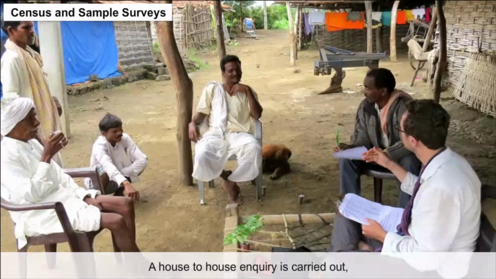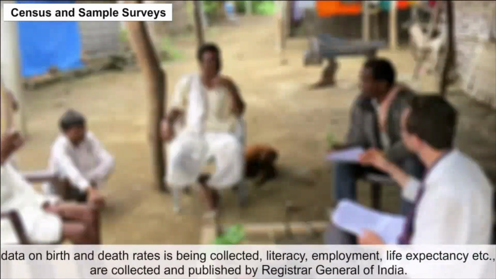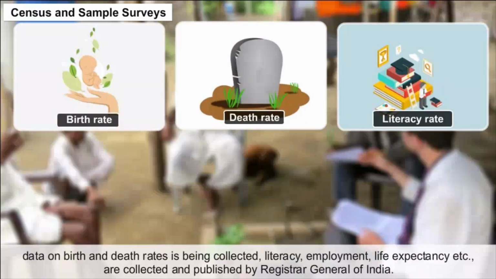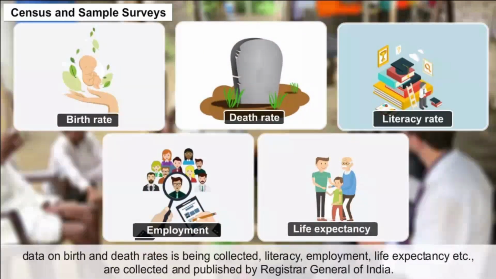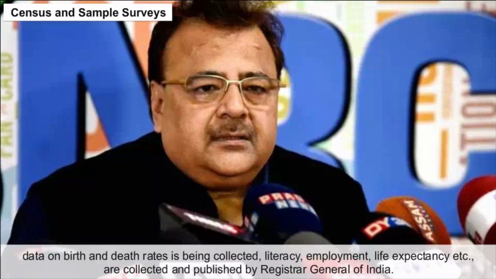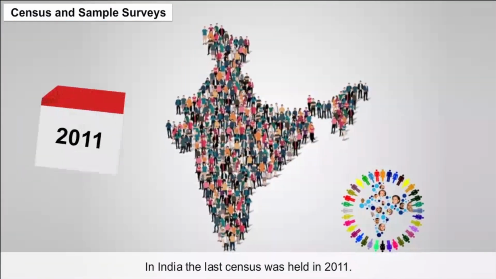A house-to-house inquiry is carried out. Data on birth and death rates is collected. Literacy, employment, life expectancy, etc. are collected and published by the Registrar General of India. In India, the last census was held in 2011.